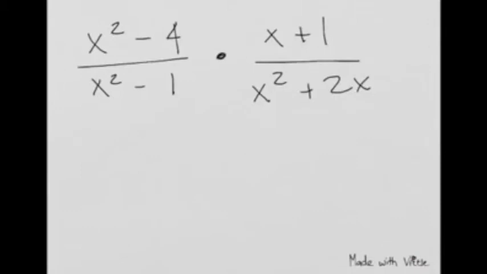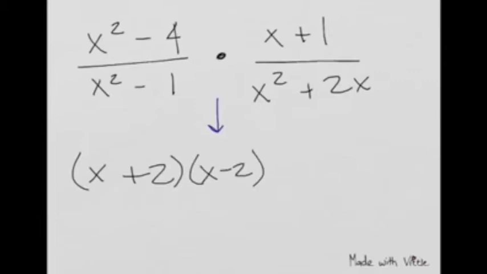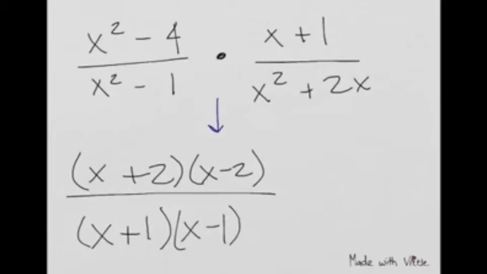So with this one, we can simplify it, and so x squared minus 4 becomes x plus 2, x minus 2, over x plus 1, x minus 1, times x plus 1 over x plus 2 times x.